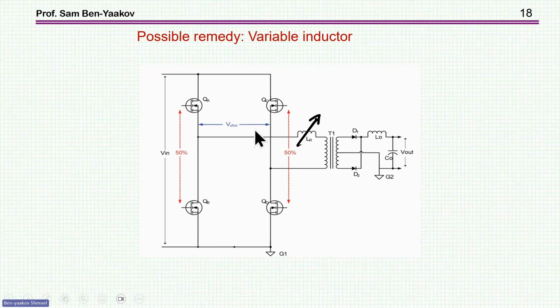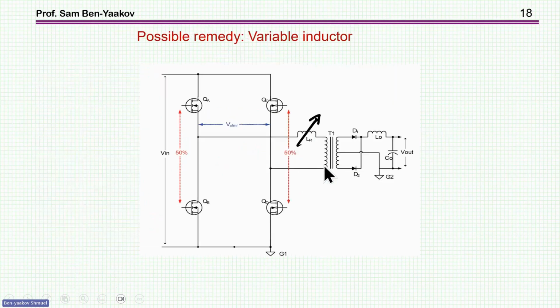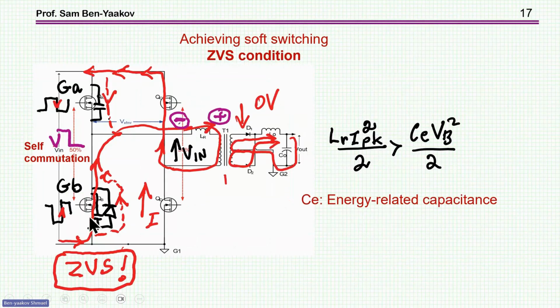So you may ask, okay, why not put a very large inductor so that it will have sufficient energy for all cases? And the answer is that this is also very bad because it is stealing duty cycle, and I'll show it in a minute by simulation. A too small inductor will not be sufficient for soft switching.